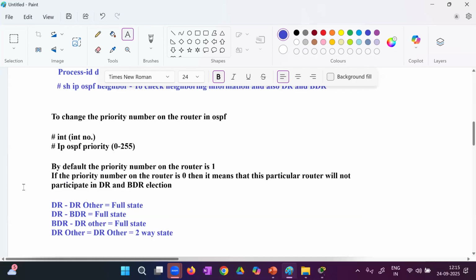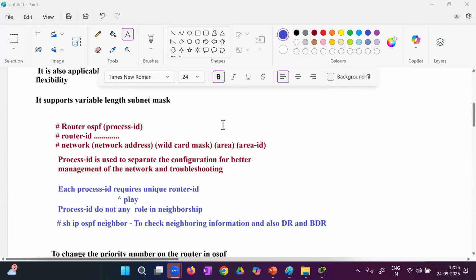Now everyone take 2 routers, and if any online student wants, anyone can share your screen and start configuring on Cisco Packet Tracer. I will guide everything. Let me know if you're okay with this. Anyone who wants to do that? Please confirm fast.